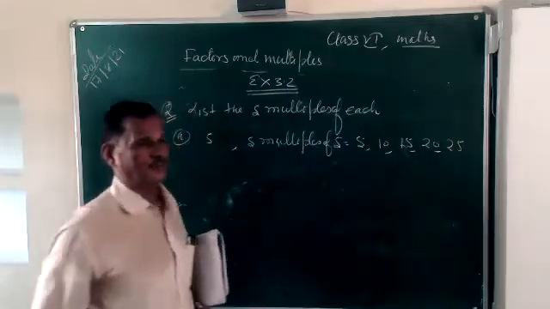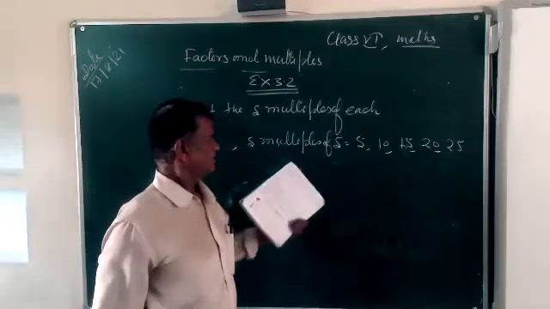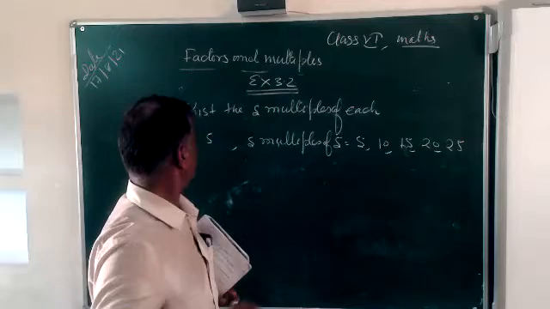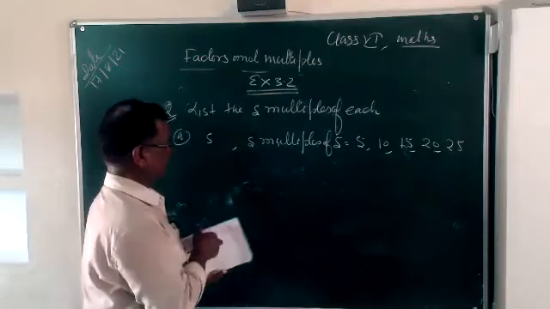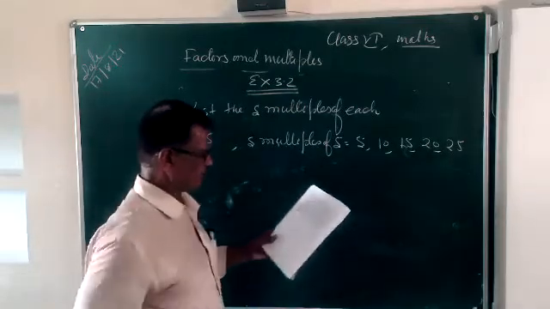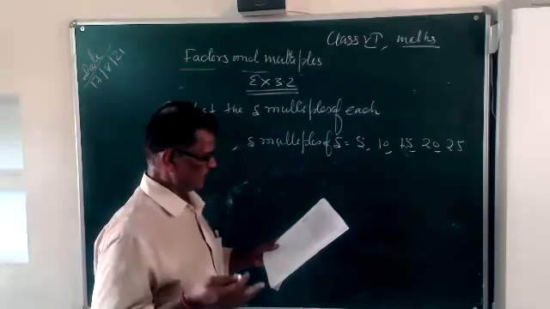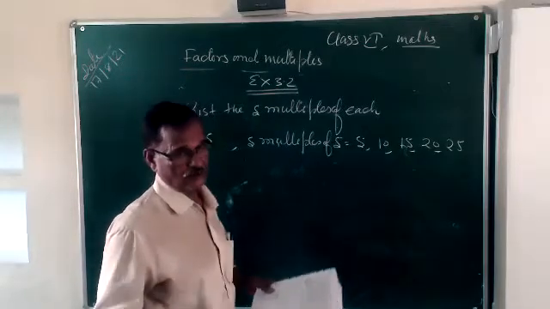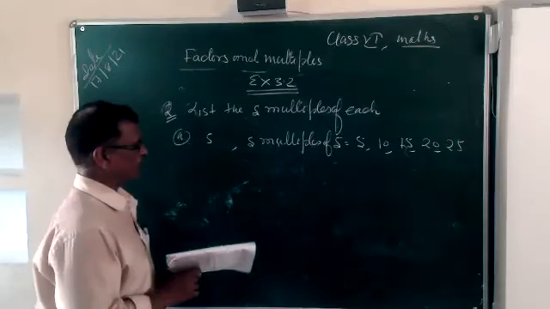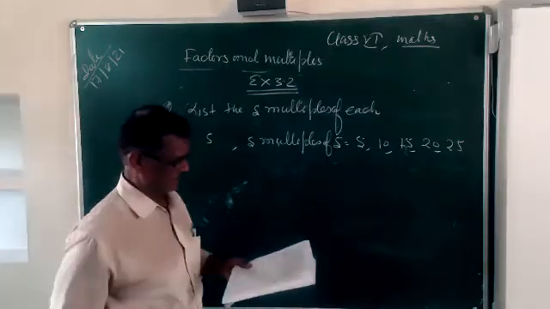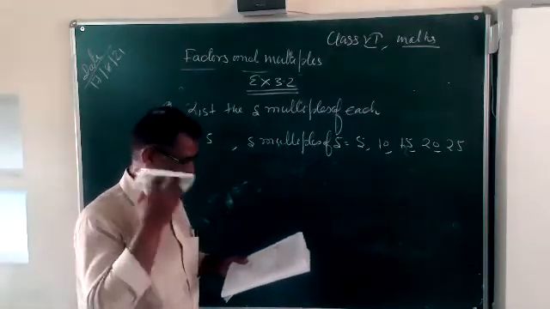These are the 5 multiples of 5 itself. Similarly you can read the 9 table, 11 table, 15 table, 16 table and 200 table 5 times. You get the 5 multiples of each number given here.